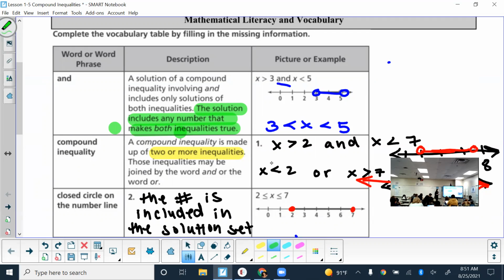All right, here you're going to have to be comfortable seeing it written with the and in the middle, but also when it's smushed together like this. Sometimes your answer choices are smushed together. But just pay attention to the opening of the mouth, right? It wants to point at the bigger number always.